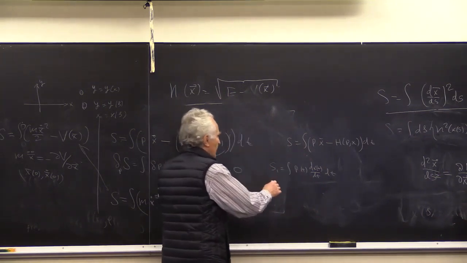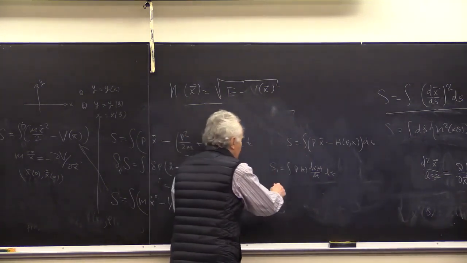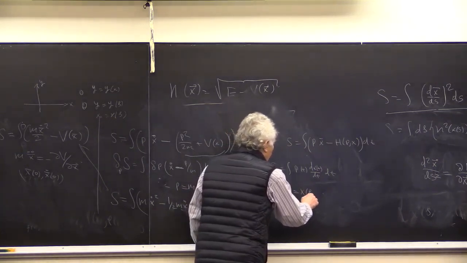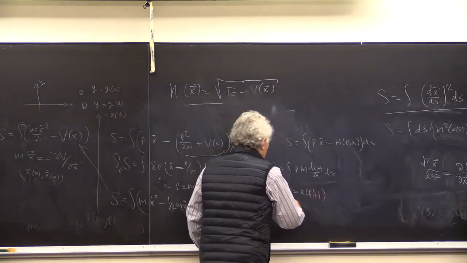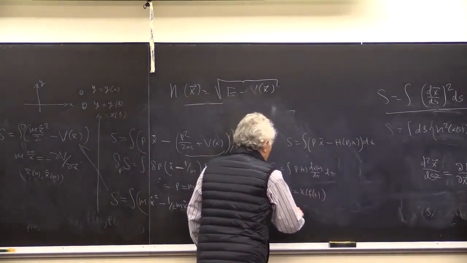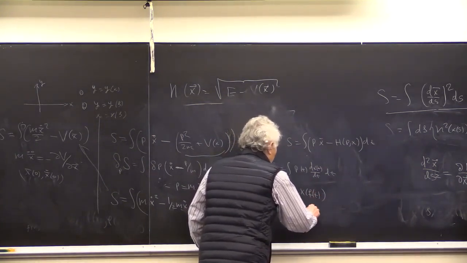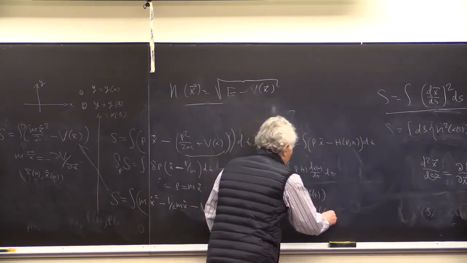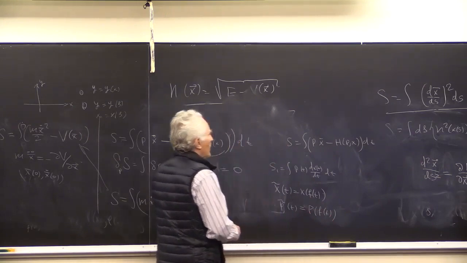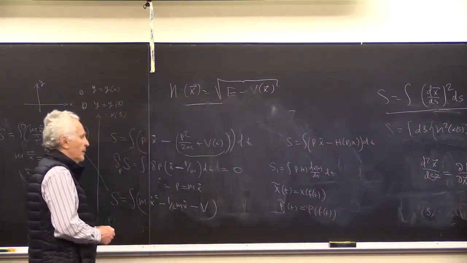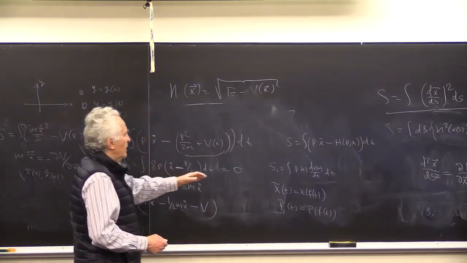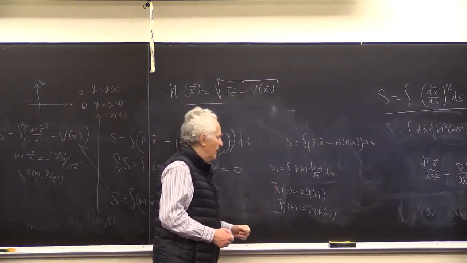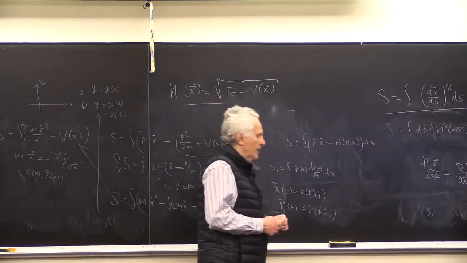Remember the general rules. They are the same again and again. We take a new variable, and we calculate p tilde x dot tilde and compare it with this thing.